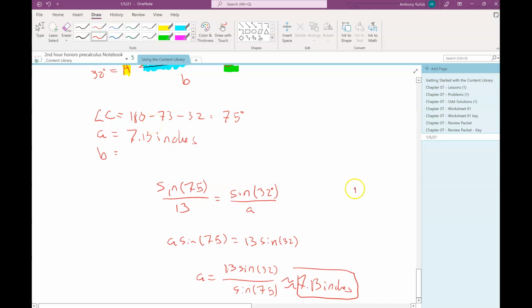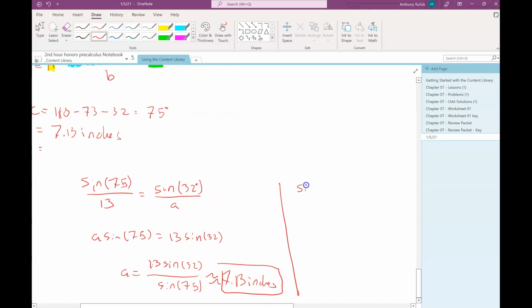How do I solve for side B? Same thing, right? Note that what I can't do here is the Pythagorean Theorem. It's tempting to want to do that, right? Oh, I have two sides, solve for the third, Pythagorean Theorem. Why not? It's not a right triangle.